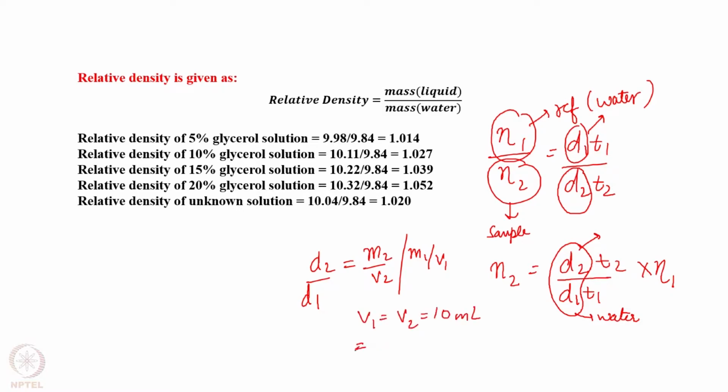So we can see that our relative density is m2 by m1. Since we had the masses of the different glycerol solutions and the mass of water, we divide each glycerol solution mass by that of water to obtain the relative density for the different solutions. We will now use these relative densities to calculate the viscosity of these solutions.